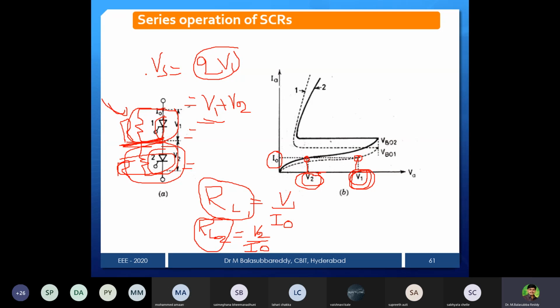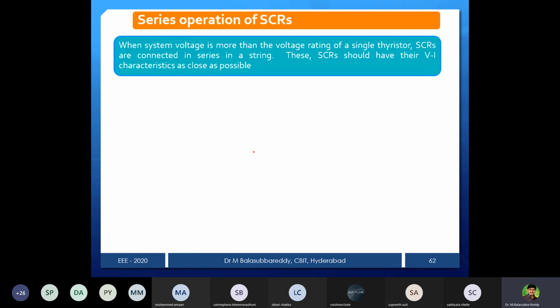If we connect one uniform resistor in parallel with each SCR, the voltage shared by each SCR will be the same. I want to derive that expression. So now we'll see that.